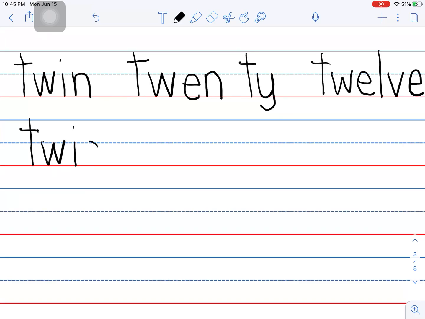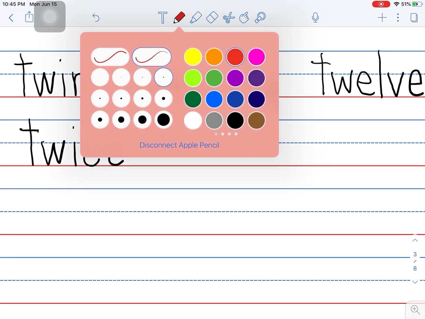And for this, I use the C to say S. And then I have to put an E here. This E is really doing 2 jobs, isn't it? It's making the I say I, and it's making the C say S. Because C will say S in front of E, I, and Y. So I have twice.